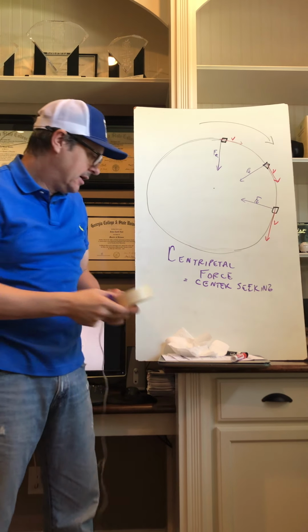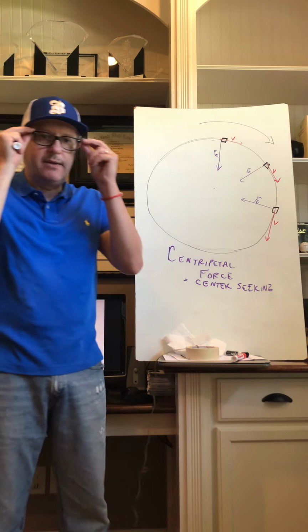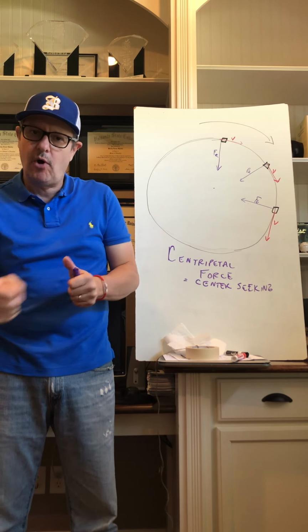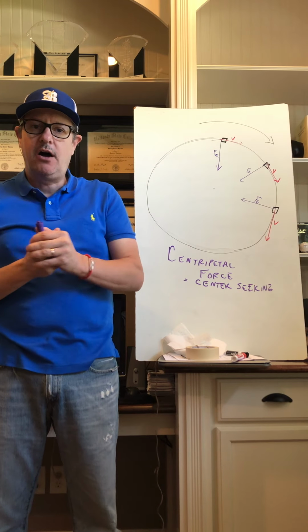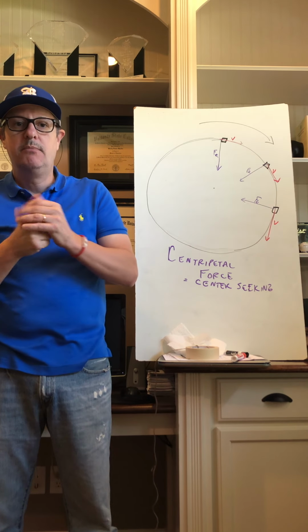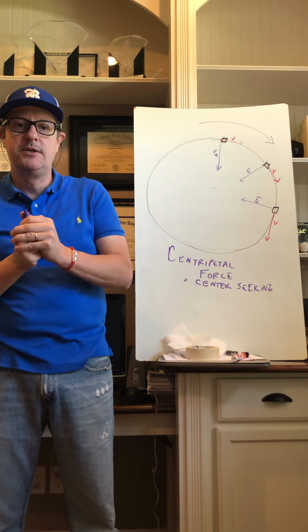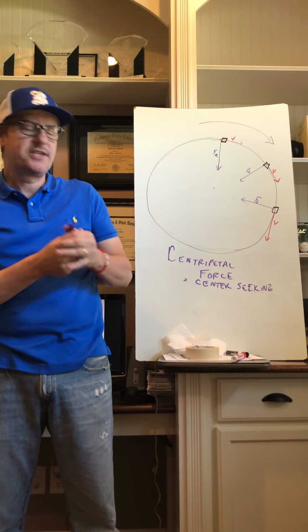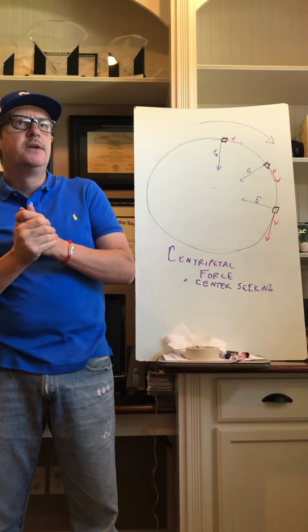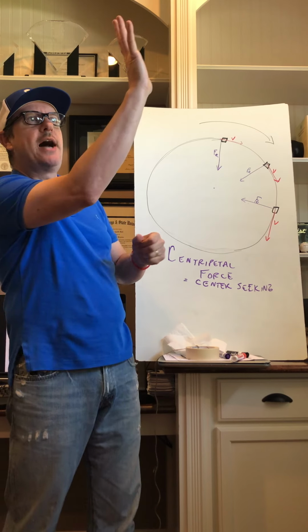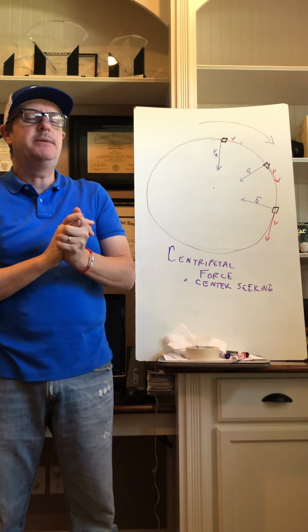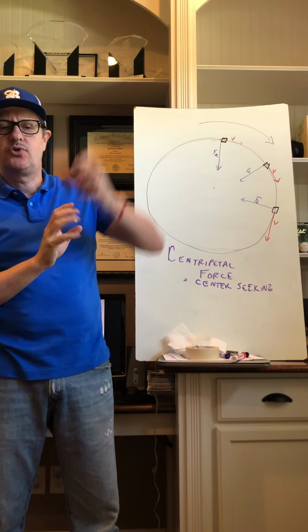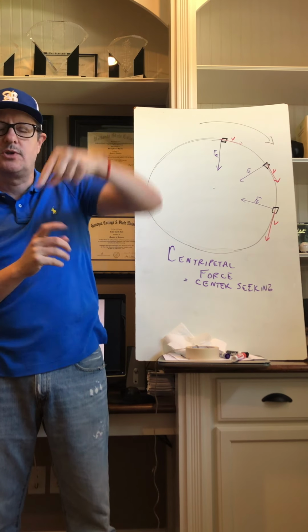So it's pretty neat. I guess the classic example is taking a bucket of water and swinging it over your head like that. The water does not fall out of the bucket because of this centripetal force. You want to think that the water pushes outward and the bottom of the bucket keeps it in. Well, that's kind of true, but it's that centripetal force.